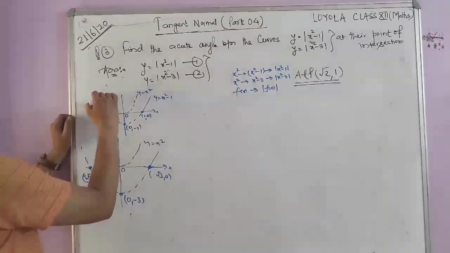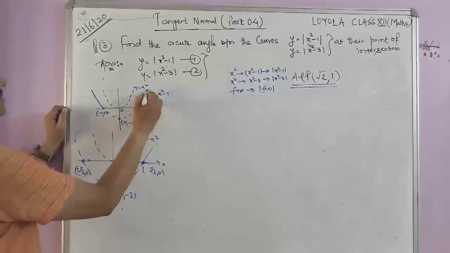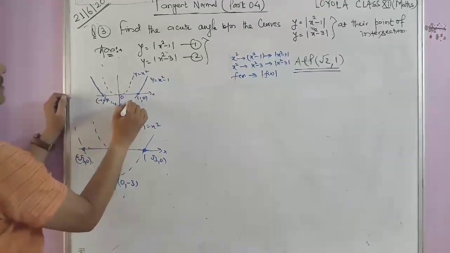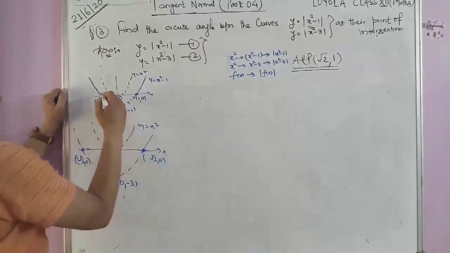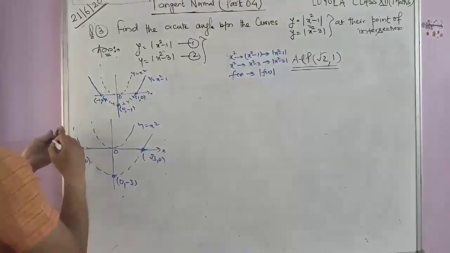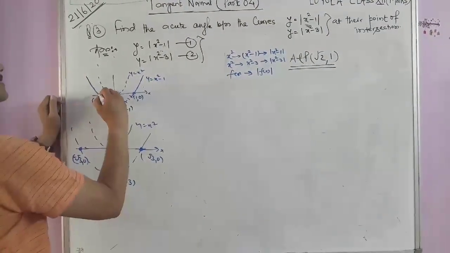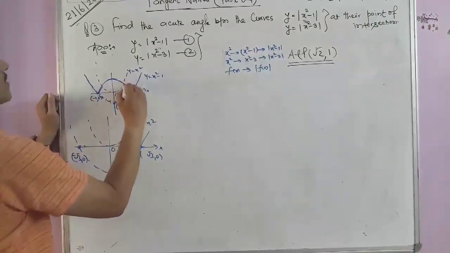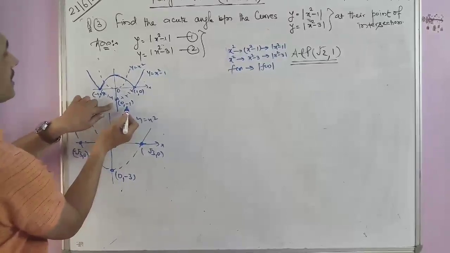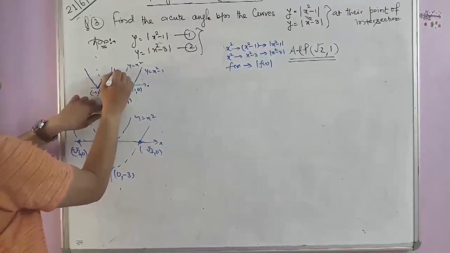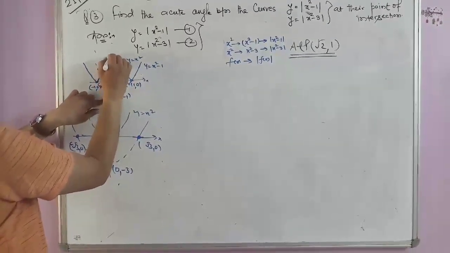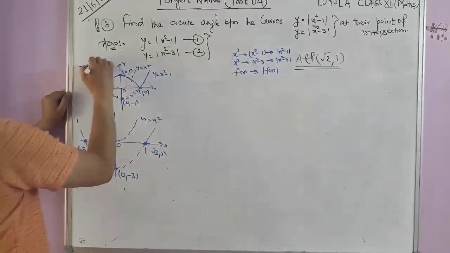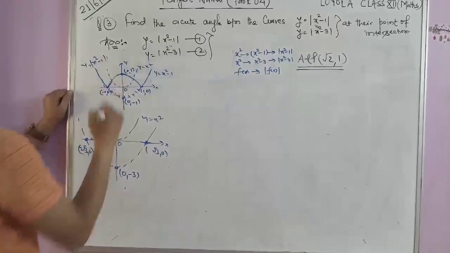This portion as usual remains the same. We delete the portion below the x axis but take its image in the x axis. Obviously (0, −1), this is (0, 1). So this is the graph finally, y equal to modulus of x² − 1.